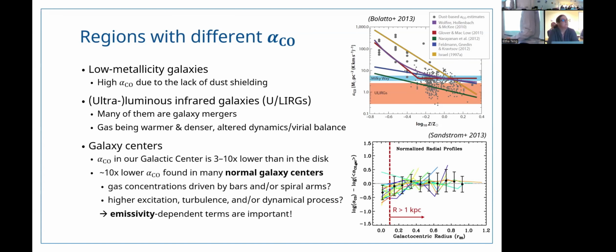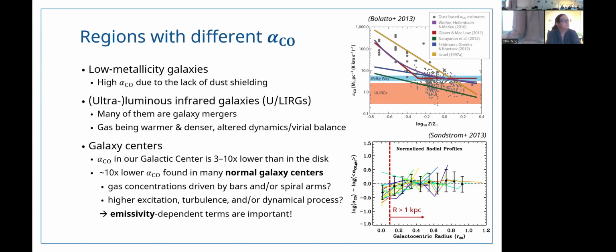And another interesting regime is the galaxy centers. Although earlier I mentioned that people have found a roughly constant alpha CO across the Milky Way disk, even in the center of our own Milky Way, alpha CO is found to be 3 to 10 times lower than the typical Milky Way value.